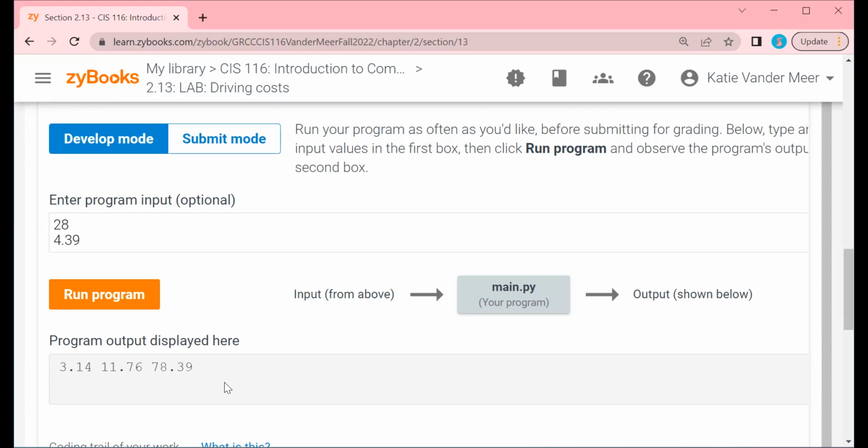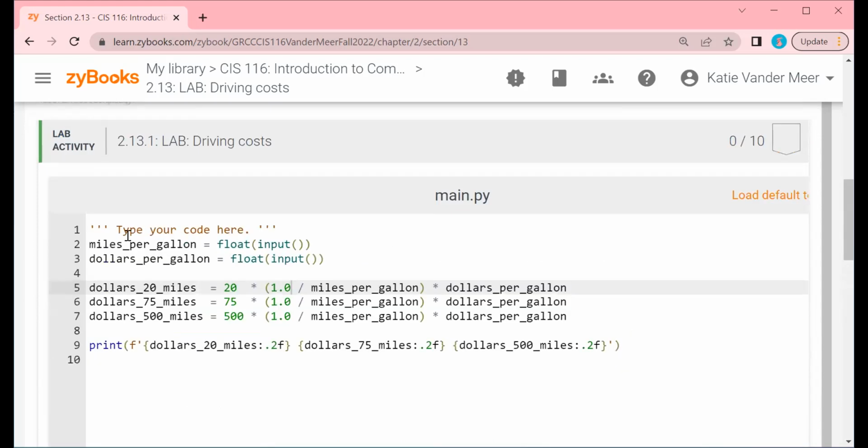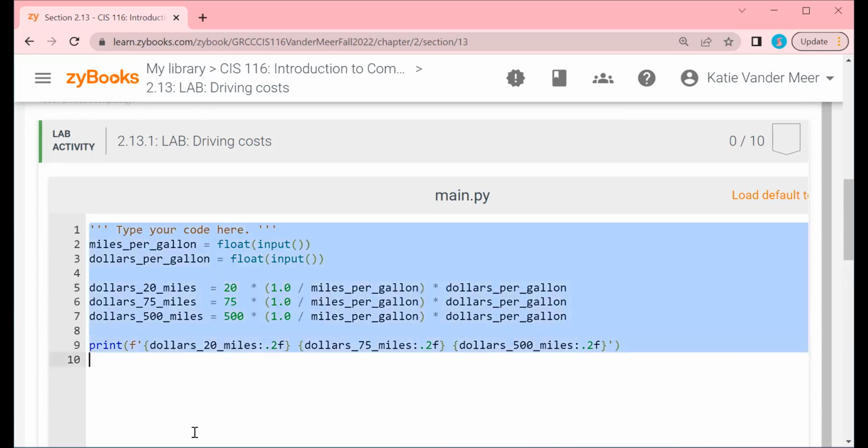In any other computing space outside of Zybooks, will there ever be an enter program input box? Not a physical box, no. If you're running this in PyCharm, I got a new laptop, so wait, maybe I do have PyCharm or Spyder on here. Hey, I do. I asked IT to put it on there, and they actually did.